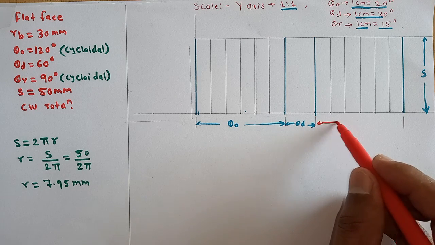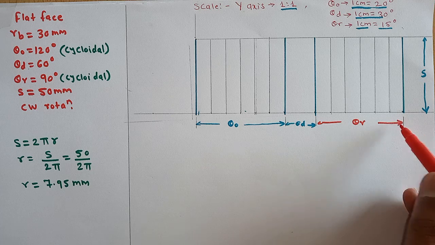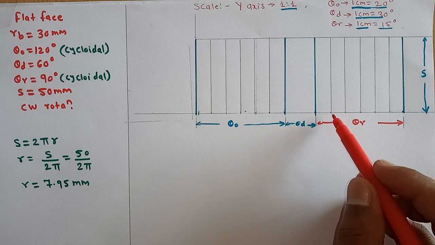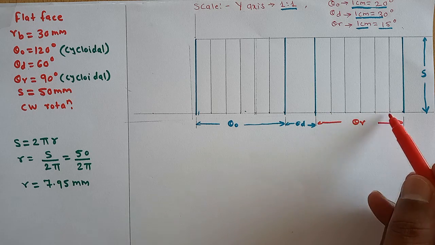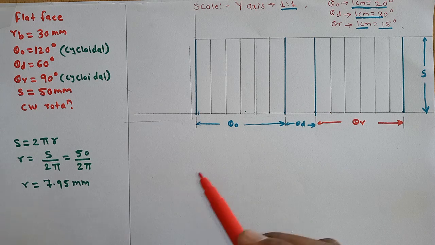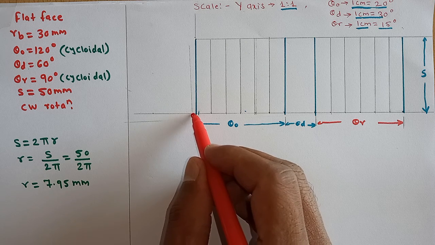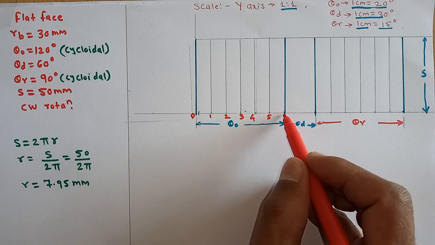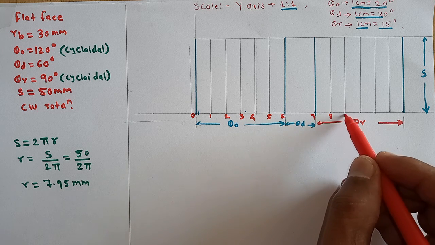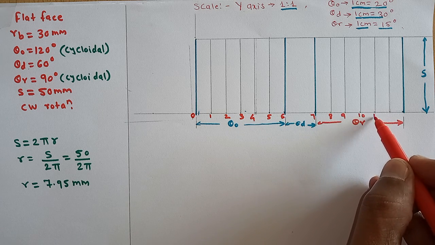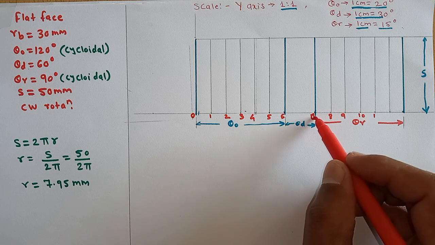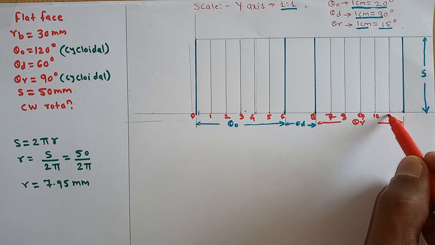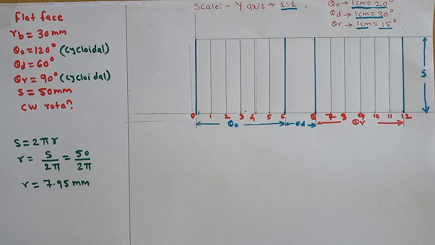For return stroke, 6 centimeters represents 90 degrees, so each division is 1 centimeter. Next we number these divisions starting from the origin: 0, 1, 2, 3, 4, 5, 6, this is the dwell period, 7, 8, 9, 10, 11 and 12.